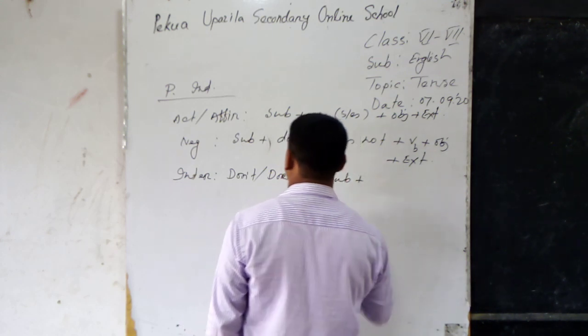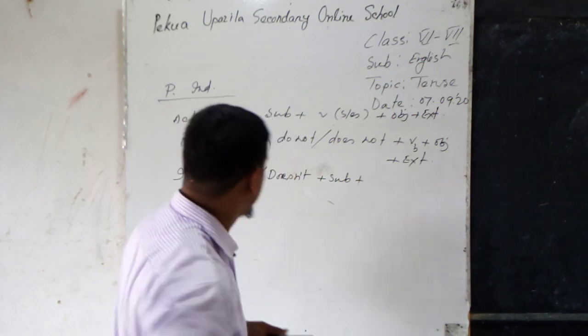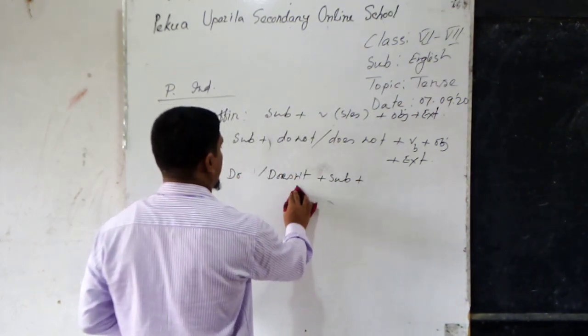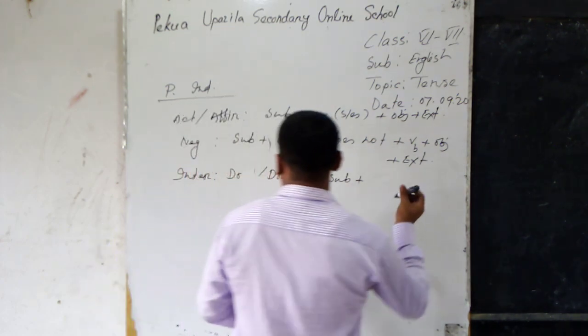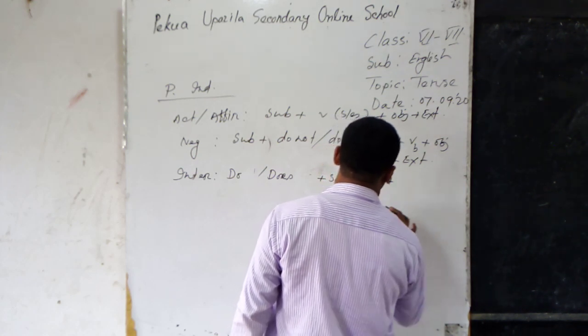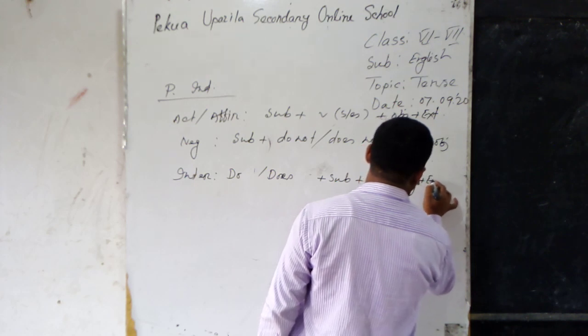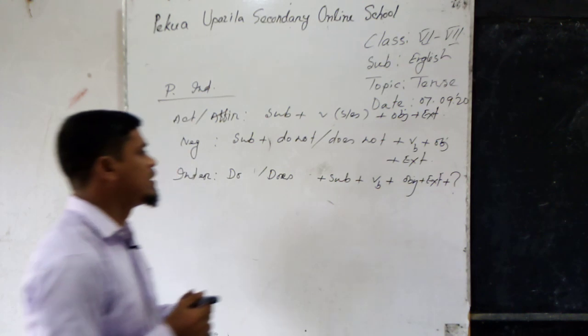Only interrogative, not negative interrogative, only interrogative. Do, does, subject, verb base form, plus object, plus extension, and the sign of interrogation.